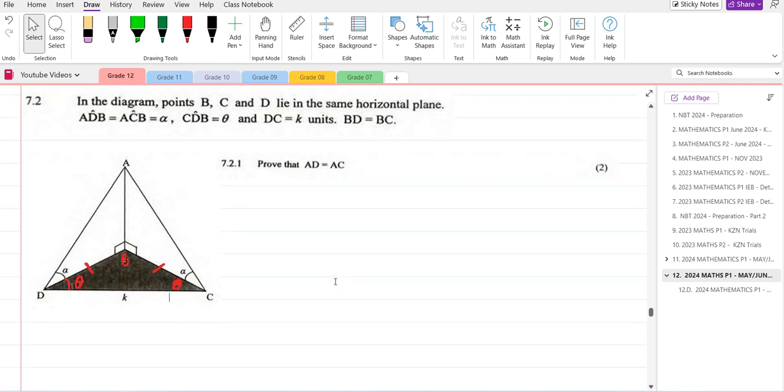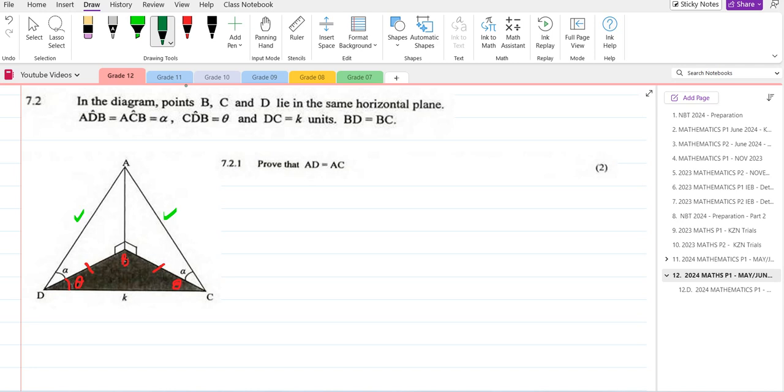How are we going to prove that AD equals AC? It is 2 marks. Right, so how are we going to prove that AD equals AC? Let's write AD in terms of theta here. So we can say AD in terms of theta and side BD.